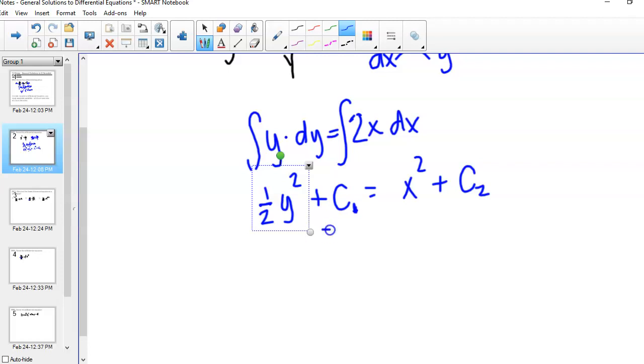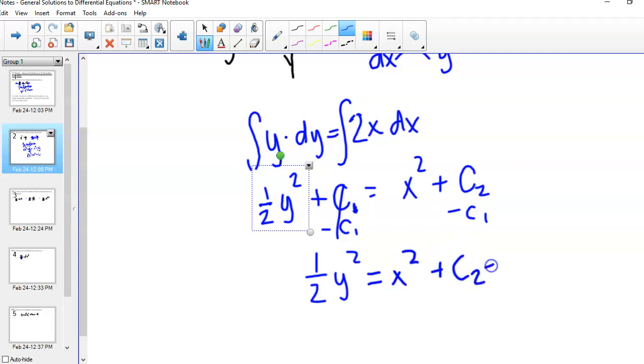Now, if I wanted to, I could subtract that C1 from both sides. And if I do that, I would have 1/2 y squared equals x squared. And then we'd have this plus C2 minus C1. Both of these are unknown values.